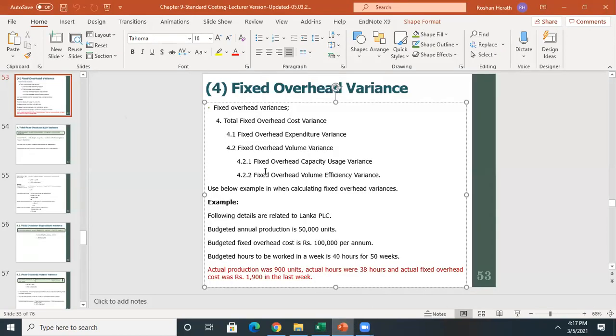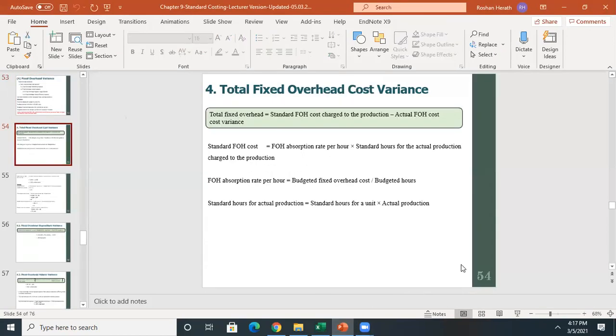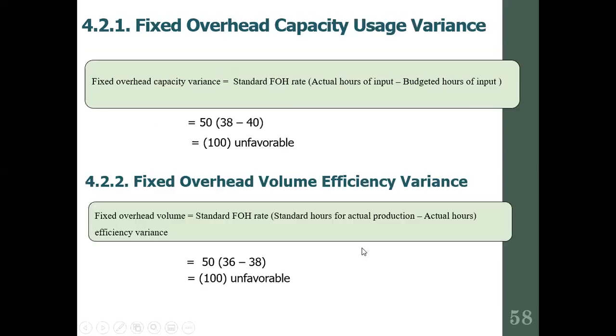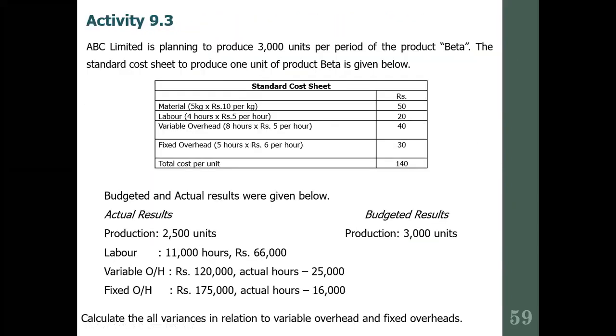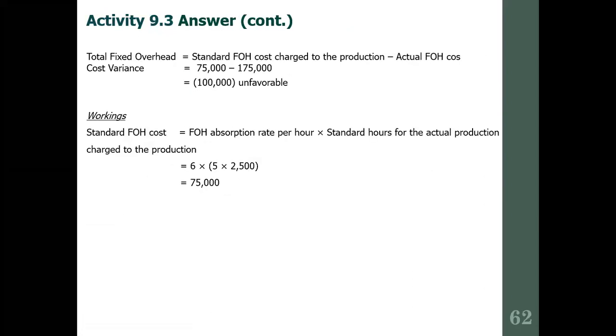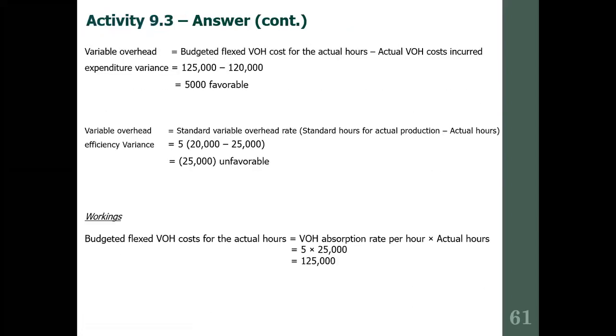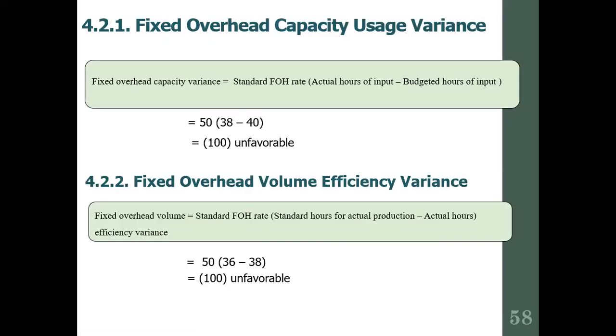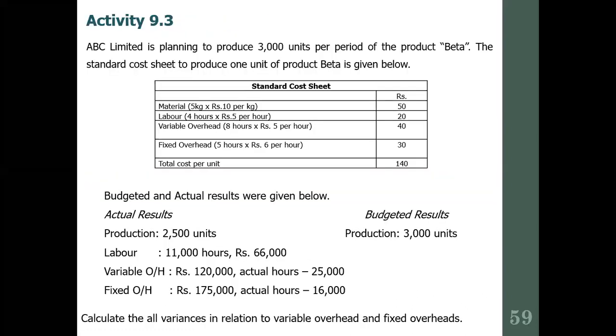Okay, so there's one activity. I think we may not go for this activity. We'll keep it. If the time permits, we may come back and work this out. The answers are given for this activity. You need to work out the two fixed cost related variances and the variable overhead related variances.